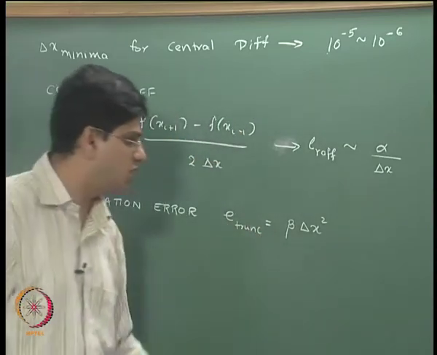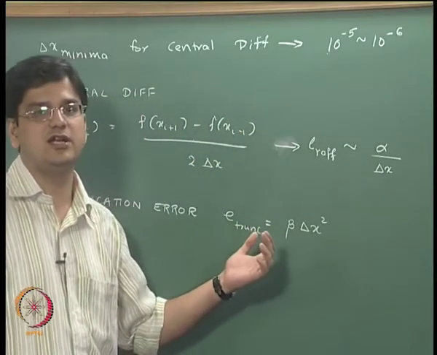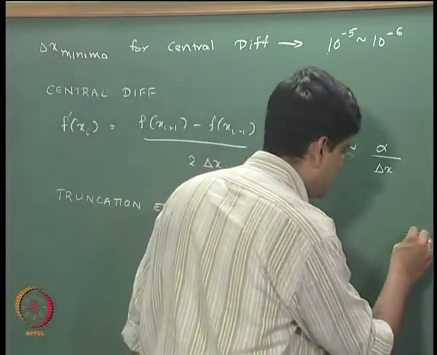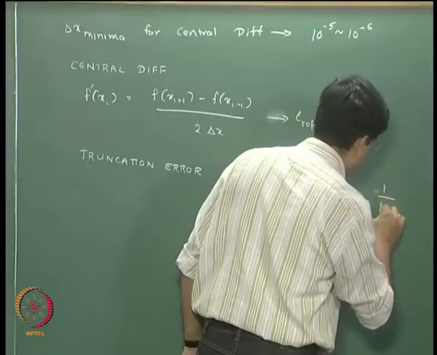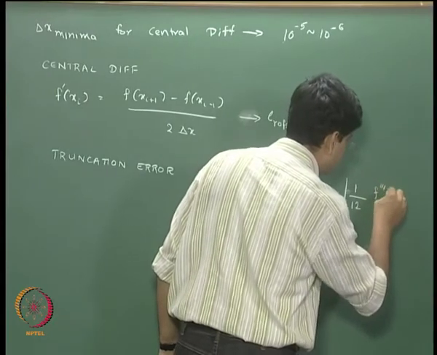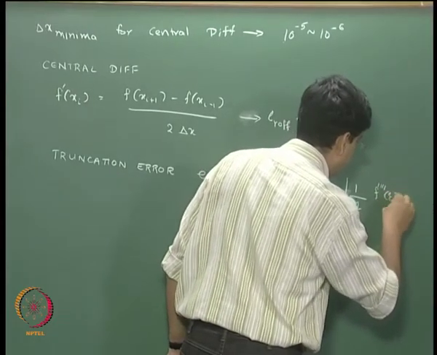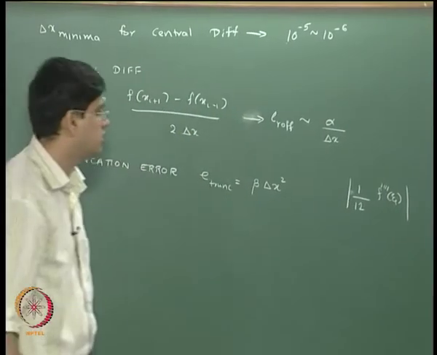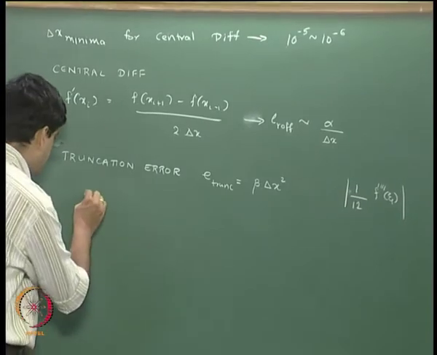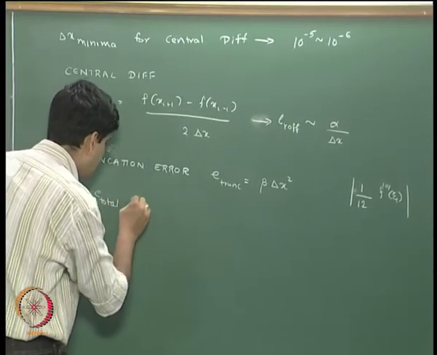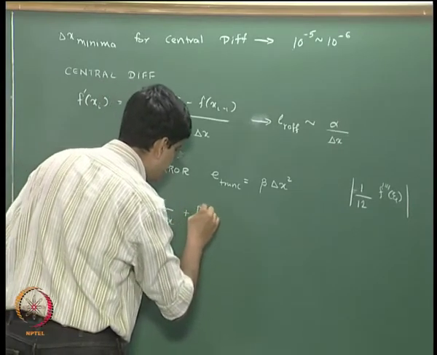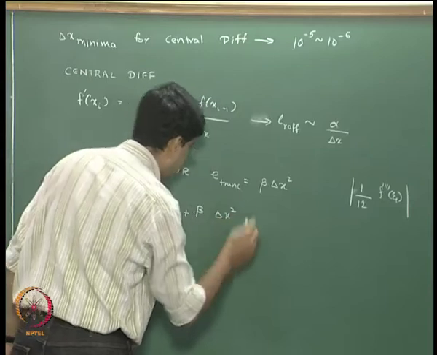This beta was minus 1 divided by 12 f 4 dash of zeta, or rather the absolute value, so it was 1 divided by 12 f 4 dash of zeta. That was the value of beta we had obtained through the derivation. As a result, E total is going to be alpha by delta x plus beta delta x squared, okay.